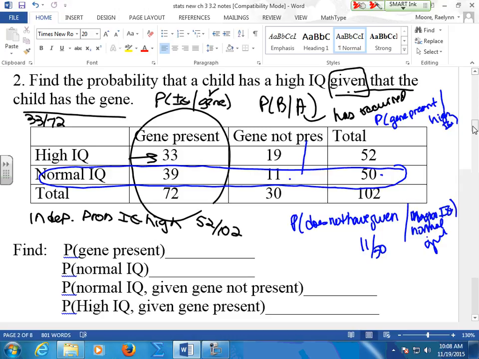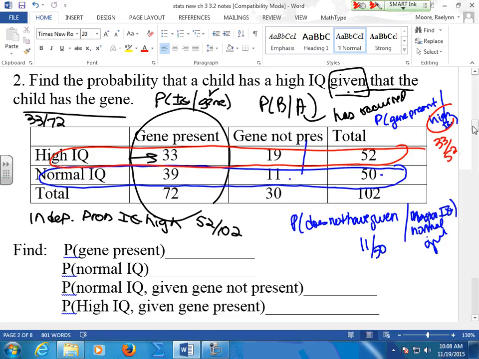What do you have, Will? 33. We're going to go for high IQ. We're going to go in this red circle. 52. See it? Go to your given first.